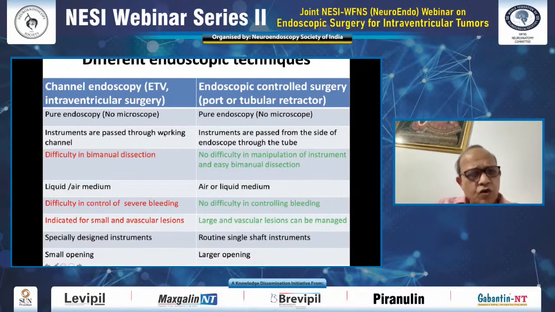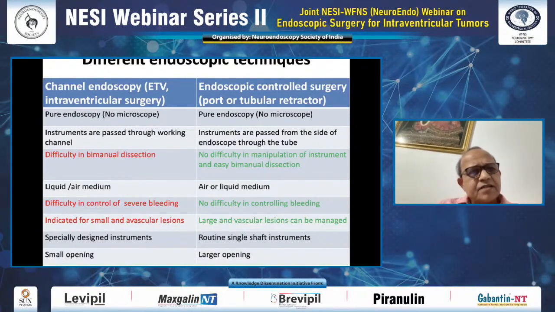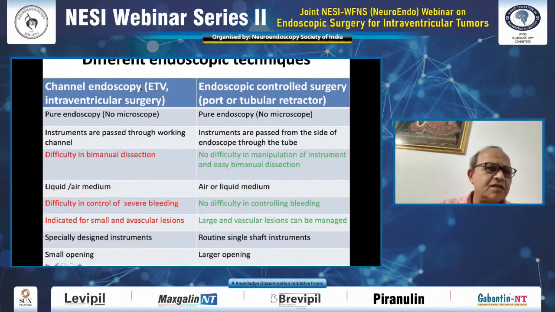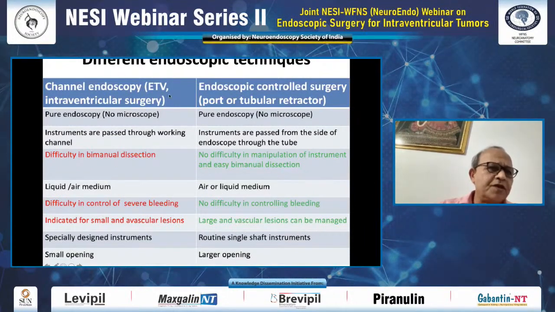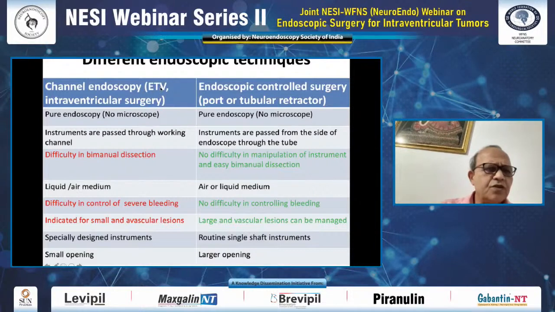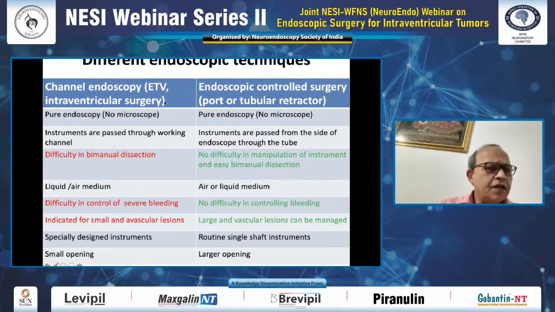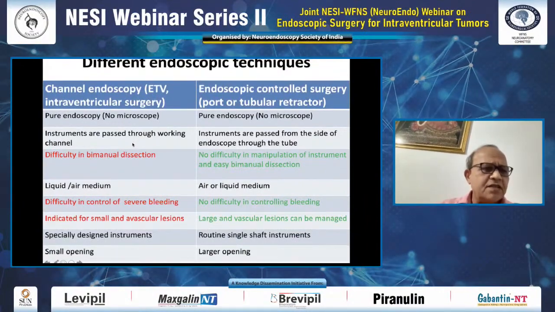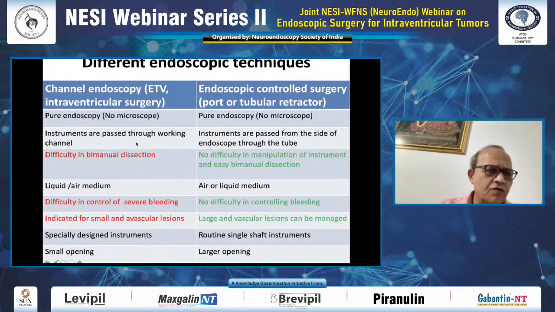So we need to know the various different approaches which can be used in endoscopy. One is the channeled endoscopy surgery, which we use for ETV or even for intraventricular tumor. In such cases, the instruments are passed through the working channel.